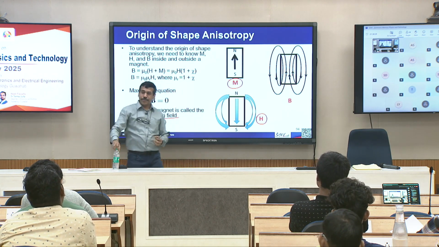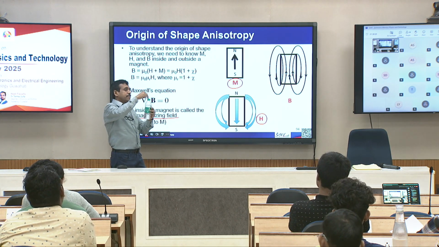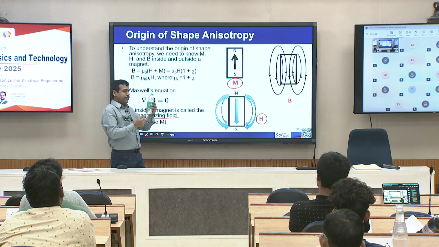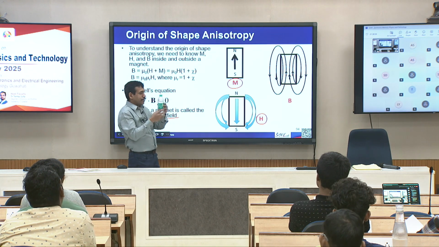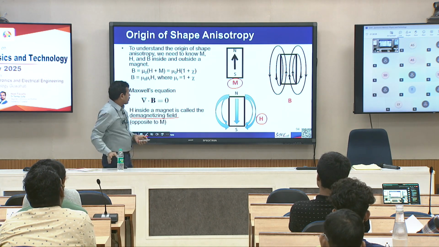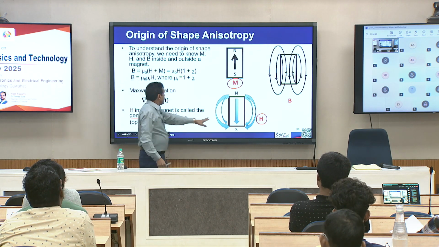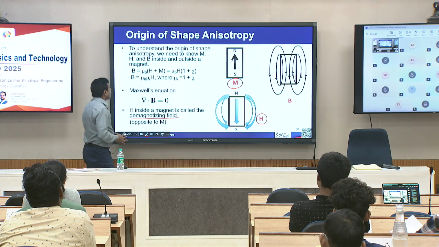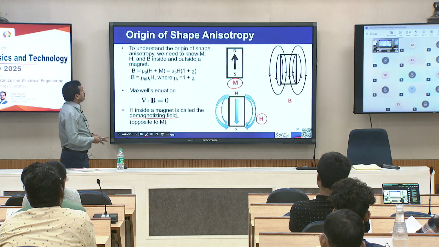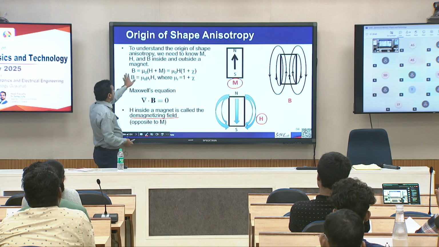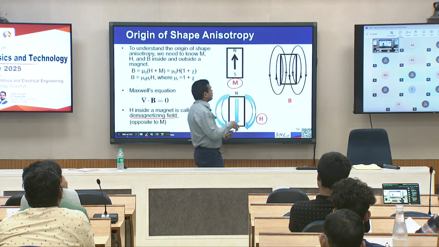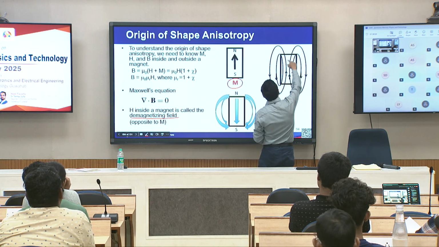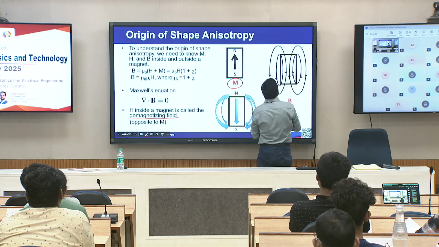If I have a magnet like this, there is a field inside this material that goes from this side to the outside through, let us say, the center of this bottle. This field is called the demagnetizing field. Then you also know that by Maxwell's law, B is always forming a loop.